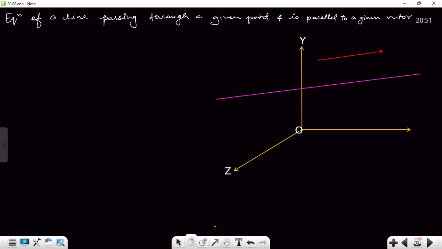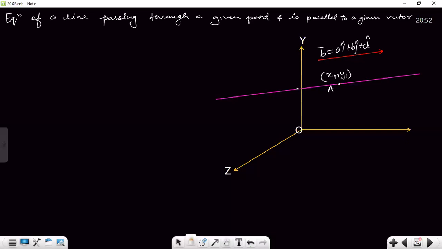Let me call this given vector B, and its components are a i cap plus b j cap plus c k cap. There's a point given on this straight line. Let me call this point A, having coordinates x1, y1, z1.